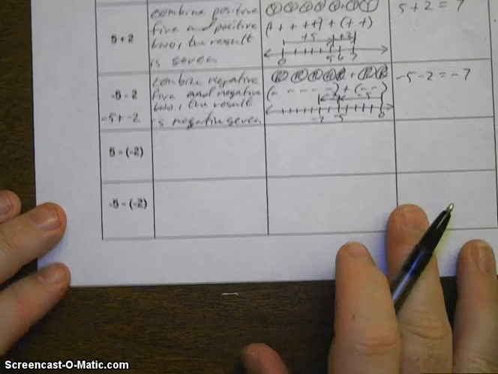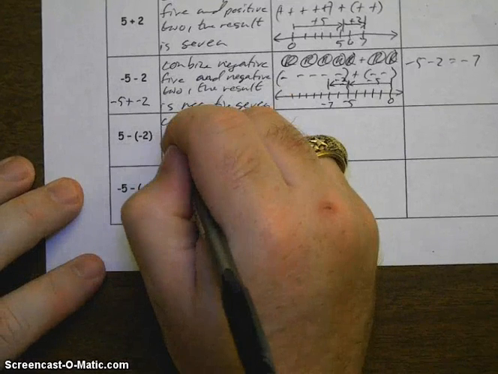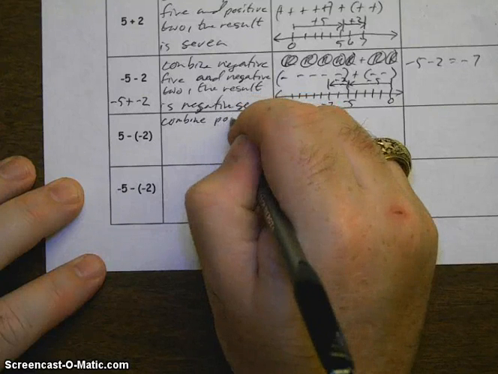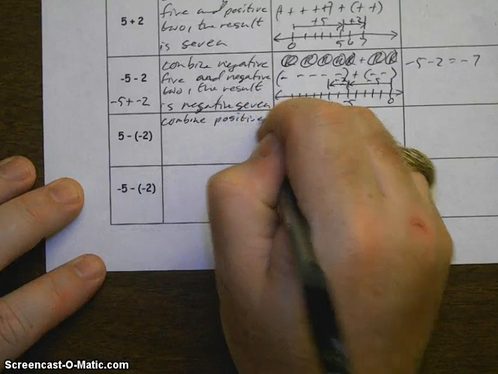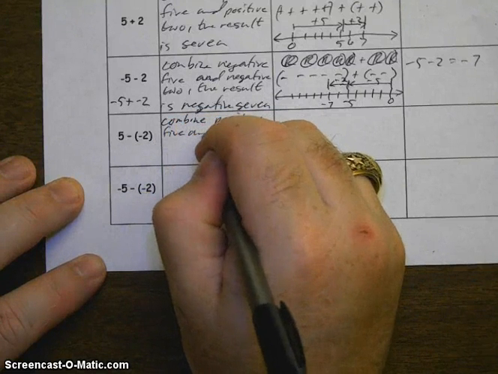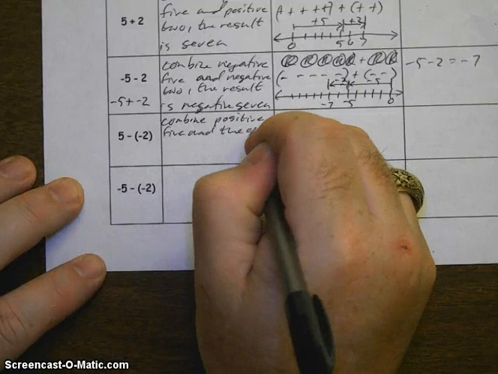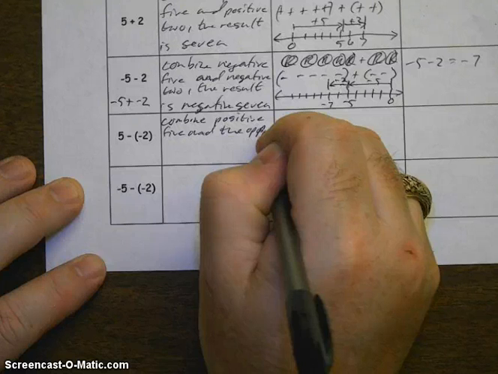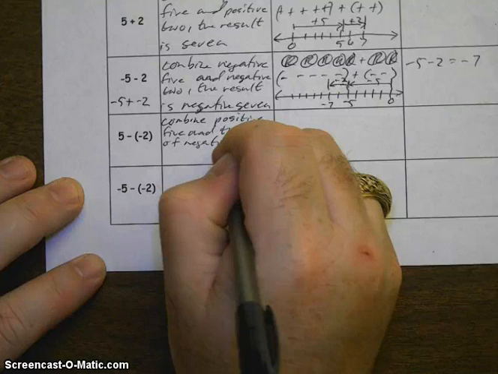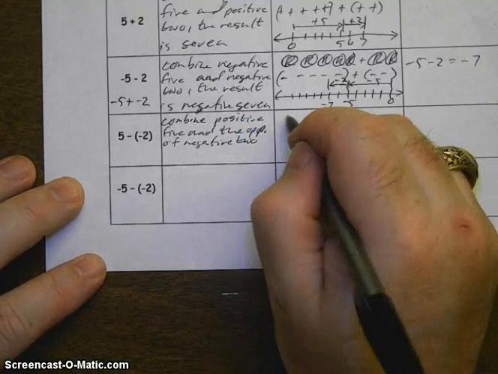This next one gets a little bit trickier. We're combining +5 and the opposite of -2. So +5, so 5 positives.